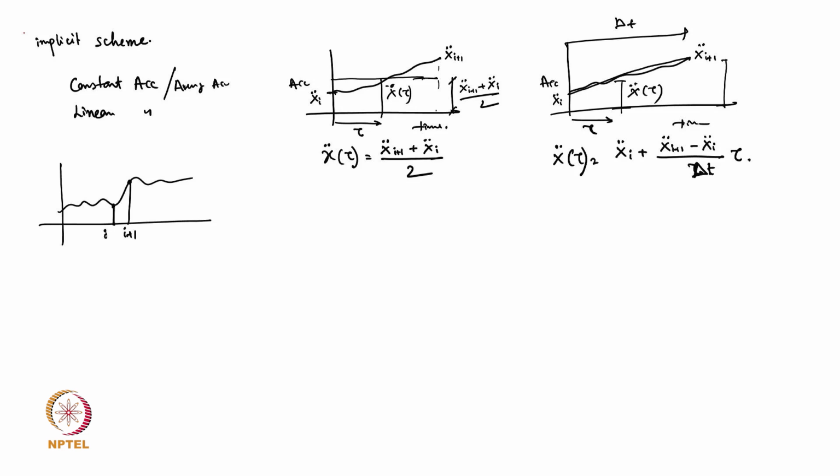These are the two assumptions, and the most important thing in the assumption is that we have already incorporated the response of the i plus 1 step, although x double dot i plus 1 is unknown. Still, we incorporate that in our assumptions. Now think, if this is the case, what will be the velocity?